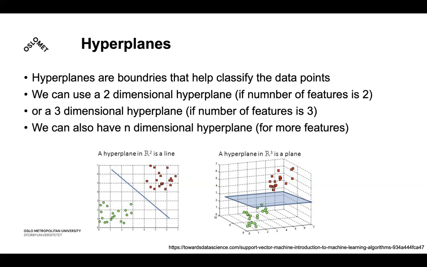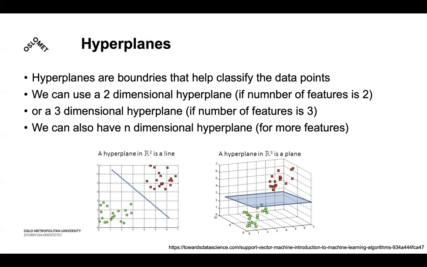There are more n-dimensional hyperplanes, depending on how many features you have. One reason why hyperplanes are useful is that they can find a lot of complex relationships between your data without you having to do all these things on your own.